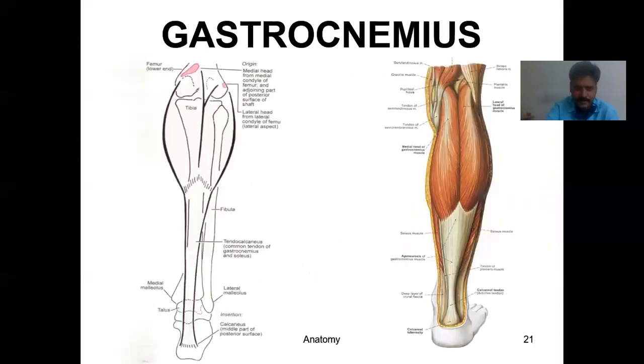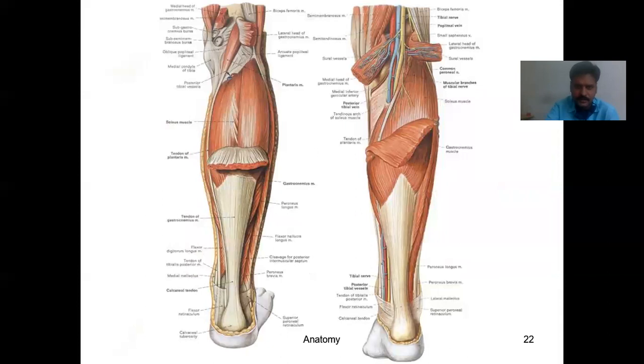You can see the schematic diagram showing the gastrocnemius, the 2 heads of the gastrocnemius, medial head and lateral head. Very nicely, the popliteal fossa is forming its boundaries, inferolateral and inferomedial. And here comes the plantaris, the tendon that lies in between the gastrocnemius and soleus.